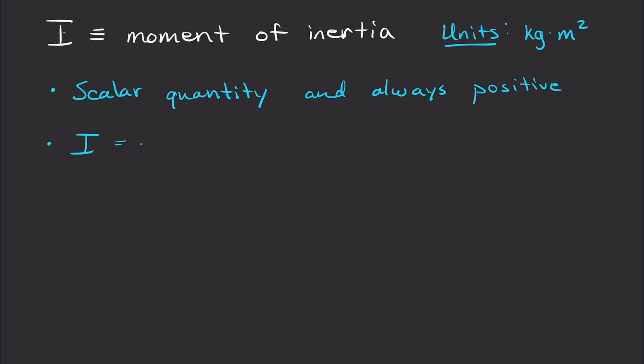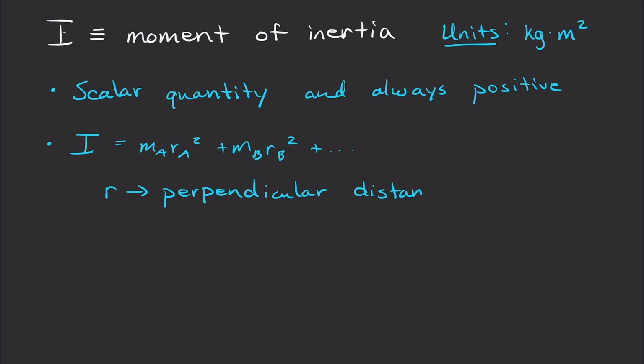So now let me just write the equation again really quick so we can look at it. m_A r_A squared plus m_B r_B squared plus dot dot dot. r is defined to be the perpendicular distance between the mass m and the axis of rotation.